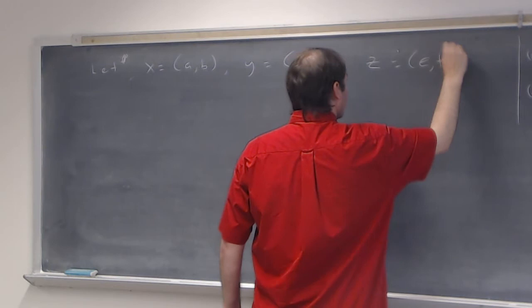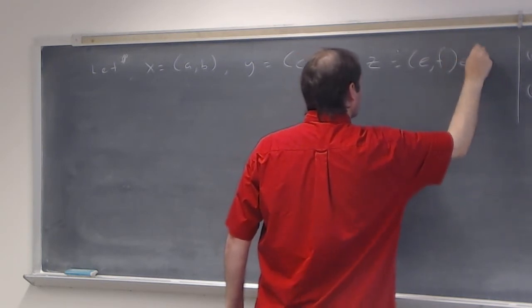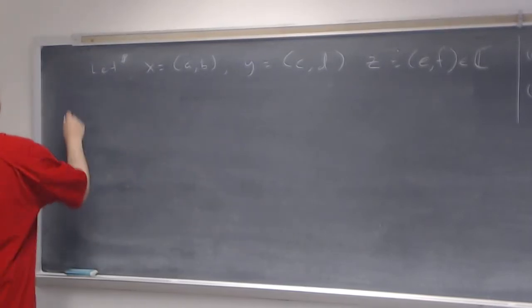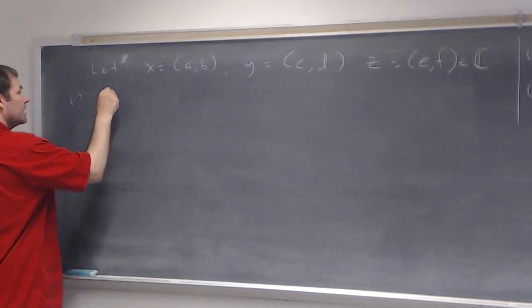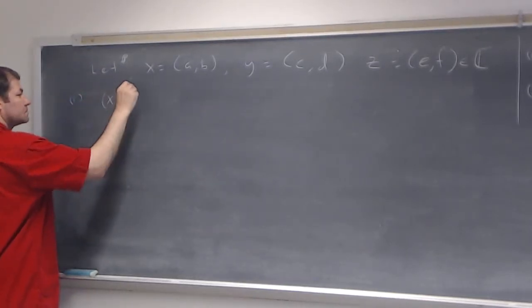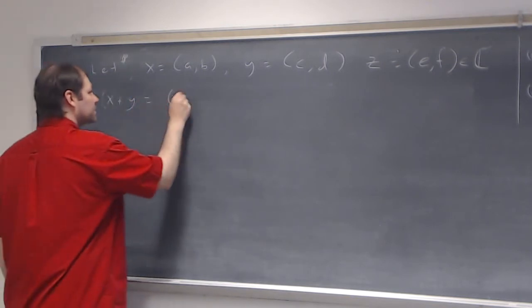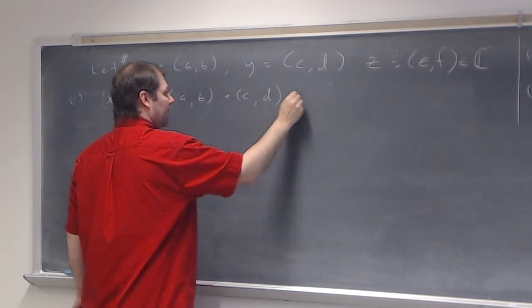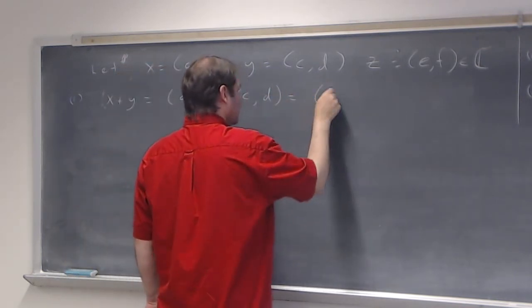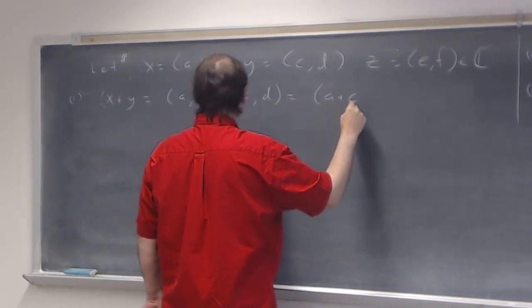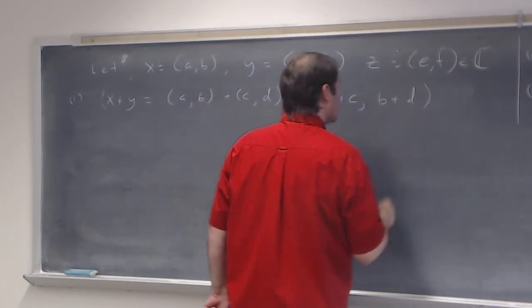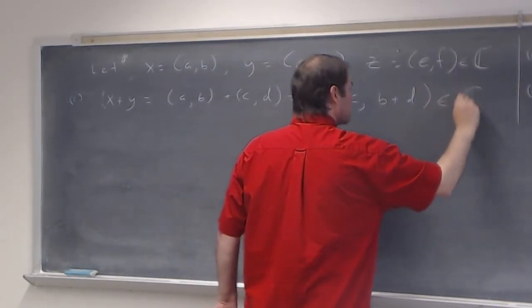And they are all complex numbers. 1. If we look at x plus y, that's going to be equal to (a, b) plus (c, d). And by our definition of addition, this is (a plus c, b plus d), and that's a complex number.